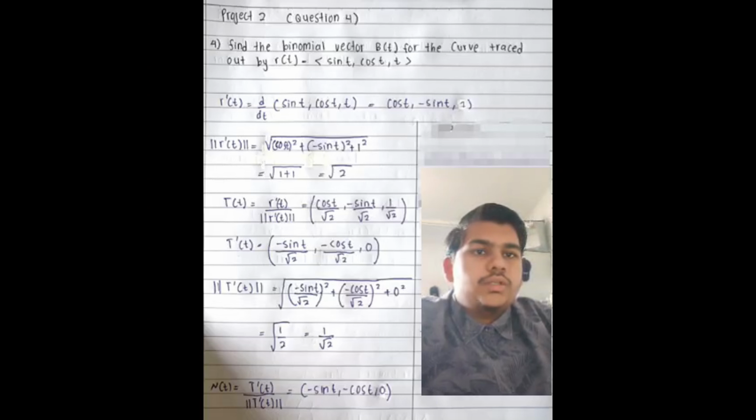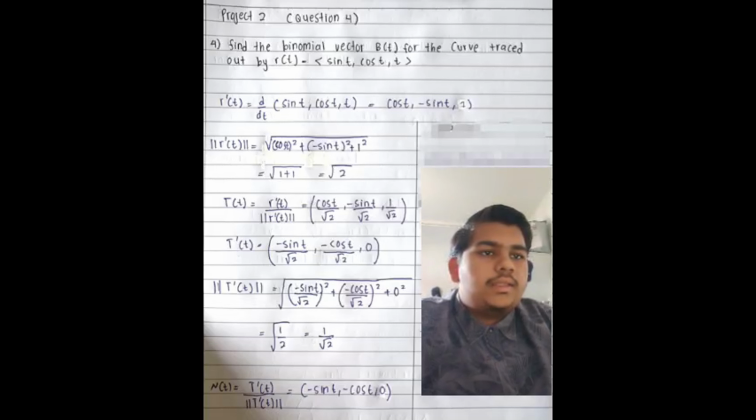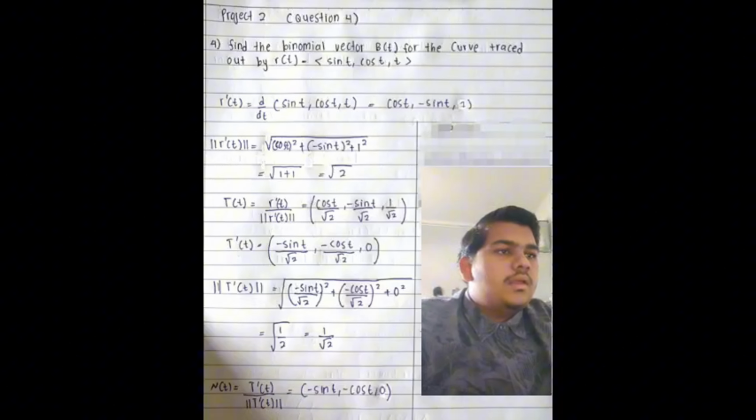Project 2, question 4. Find the binormal vector B(t) for the curve traced out by r(t) = (sin t, cos t, t). Step 1 is to compute the tangent vector. We get r'(t) = d/dt (sin t, cos t, t) = (cos t, -sin t, 1).